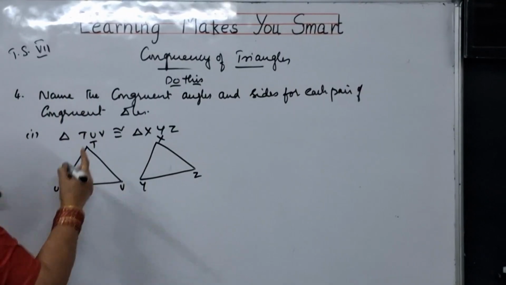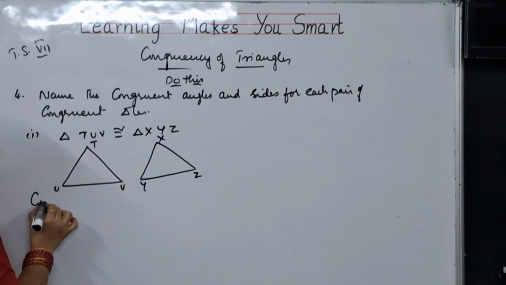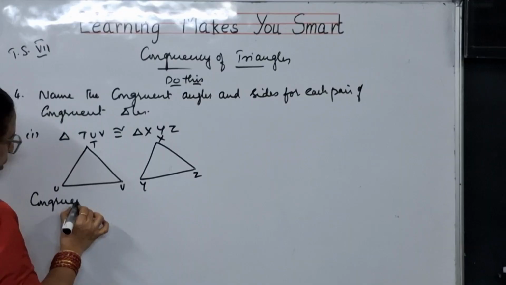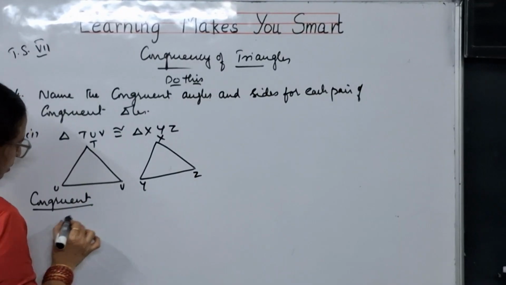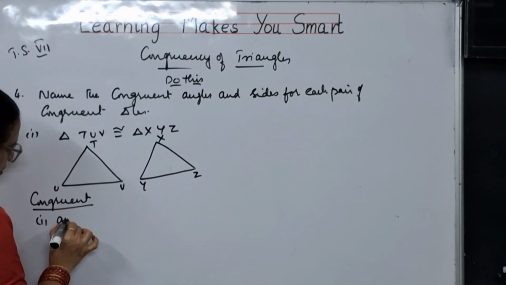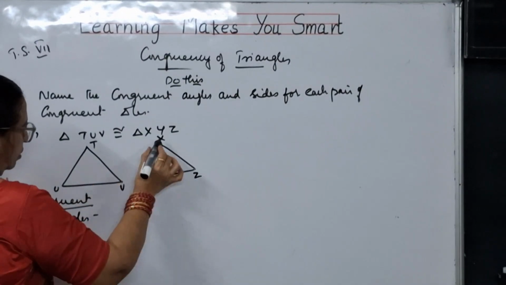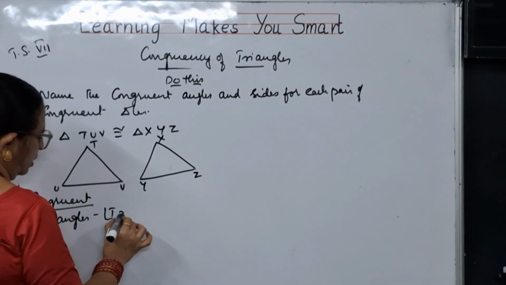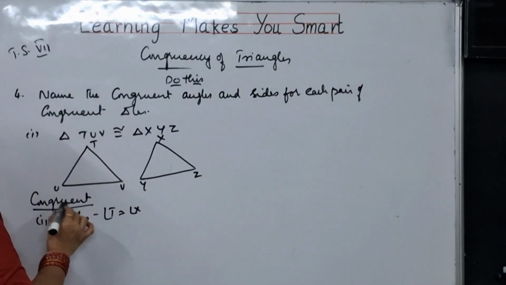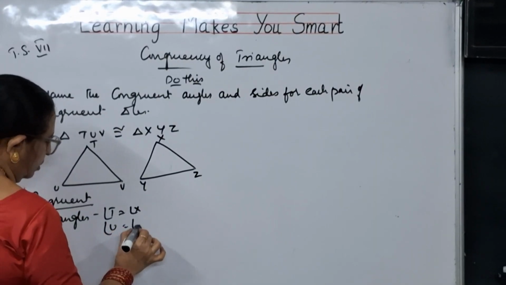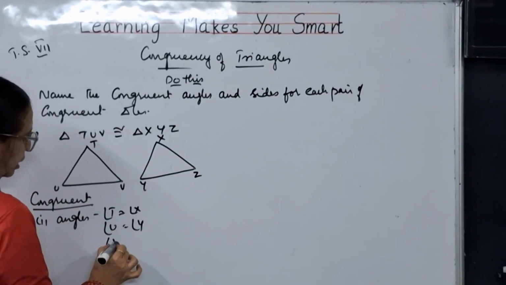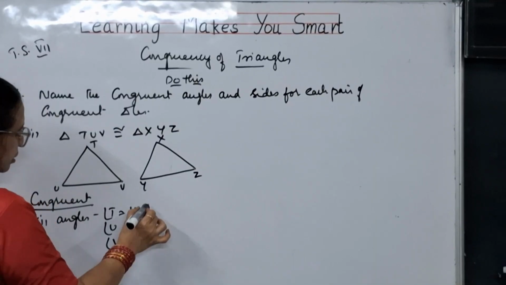Now we want to name the congruent, first one, angles. What are the congruent angles? Angle T is equal to angle X, angle U is equal to angle Y, angle V is equal to angle Z.